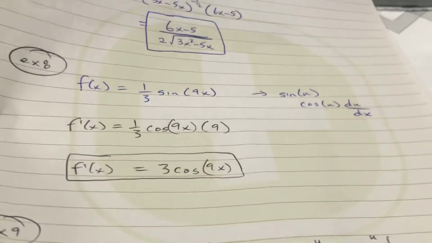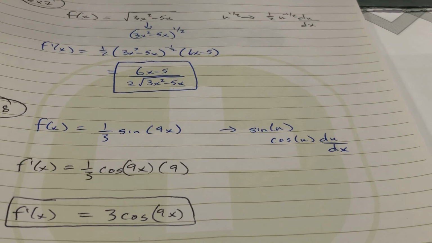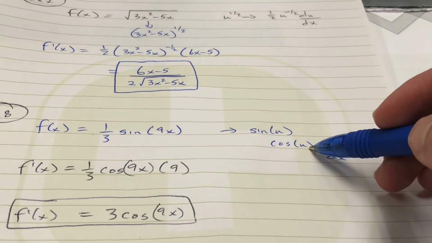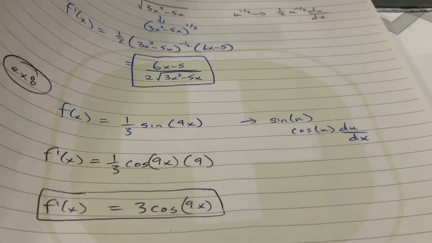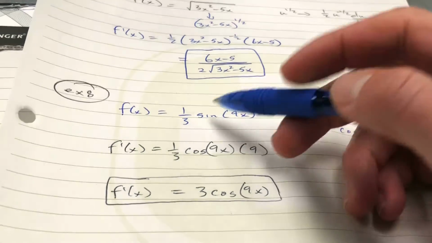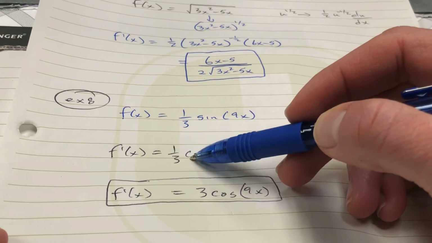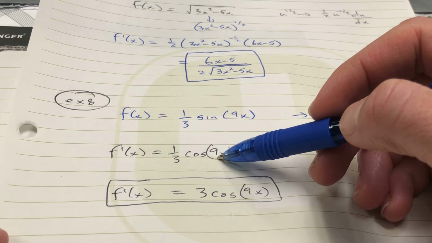All right, so let's take a look at 8. You have 1/3 sine of 9x. So this is like 1/3 sine of u. Well, the derivative of any sine u would be cosine u times the derivative of this u with respect to x. So I have 1/3 cosine of u, then times the derivative of u with respect to x.